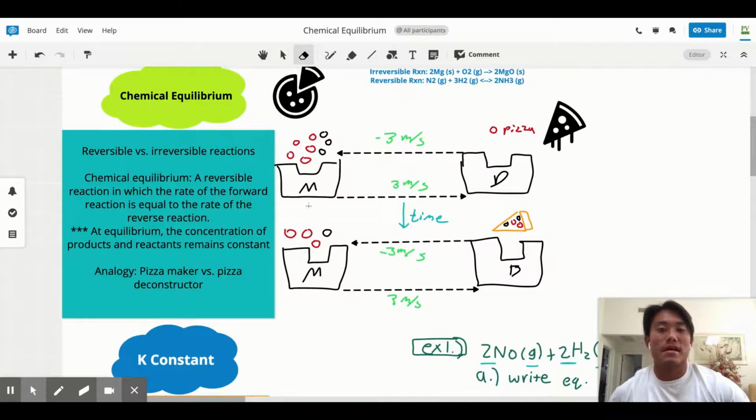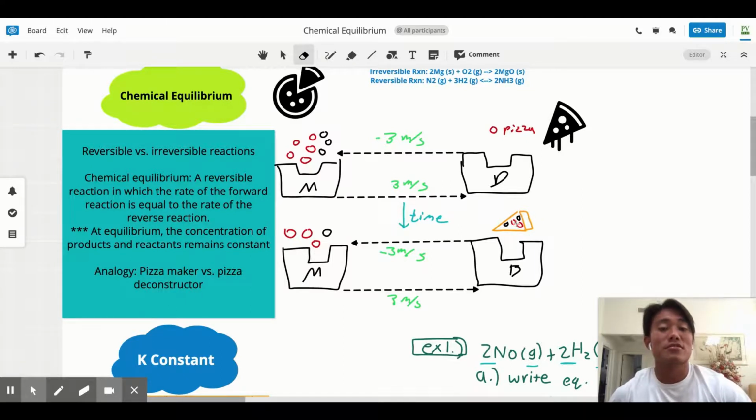And so let's say I put these guys in here, and then I step away for a little bit. After a certain amount of time, I come back, and what I notice is that there is a constant concentration of 3 pepperonis and 1 sausage, and a constant concentration of 1 slice of pizza, okay?